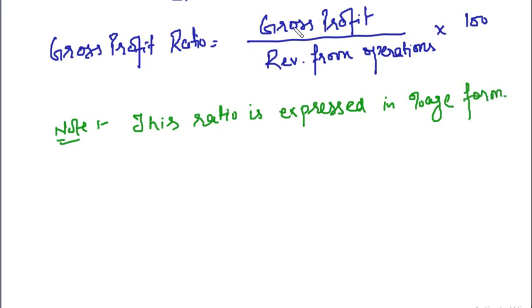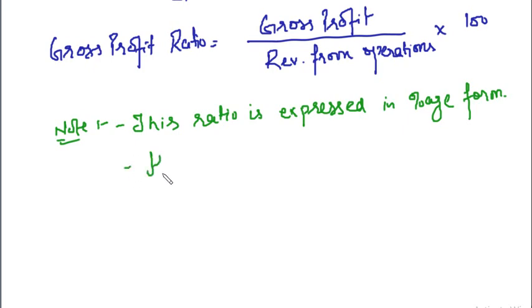That how much percent of the total revenue is your gross profit, right? How much gross profit you are earning out of your total revenue from the operations. That we'll find out after removing our cost. So we'll express this ratio in the percentage form, right?